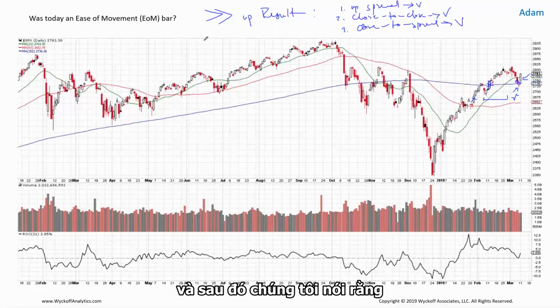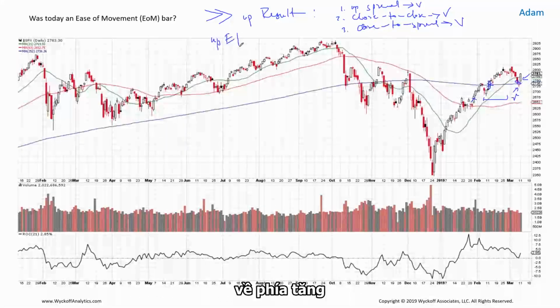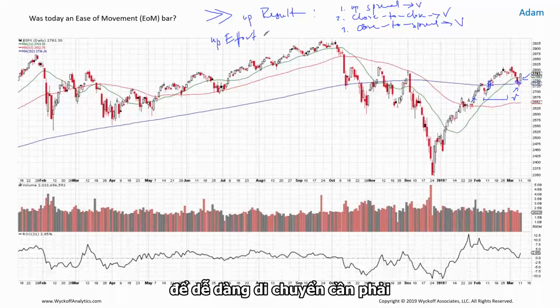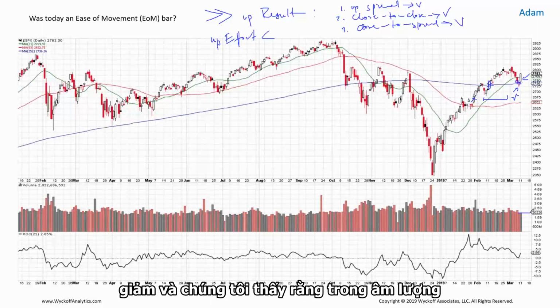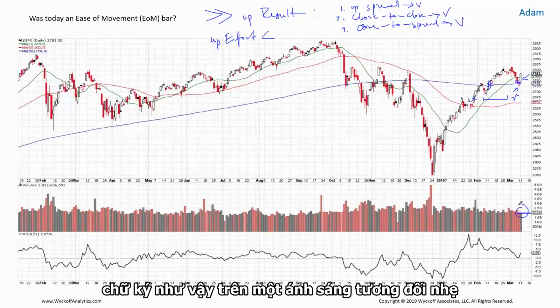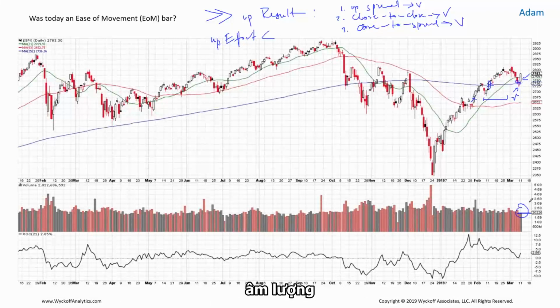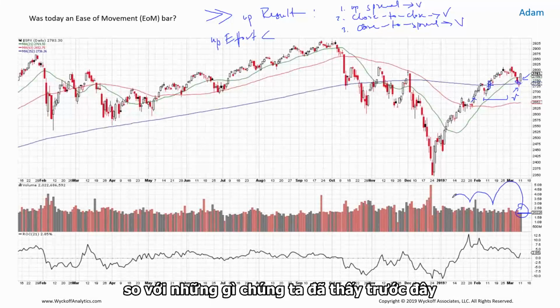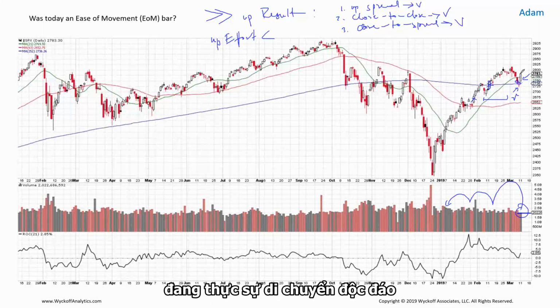And then we said that the effort to the upside for the ease of movement needs to decrease. And we see that in the volume signature. So on a relatively light volume compared to what we've seen before, we are actually moving nicely.